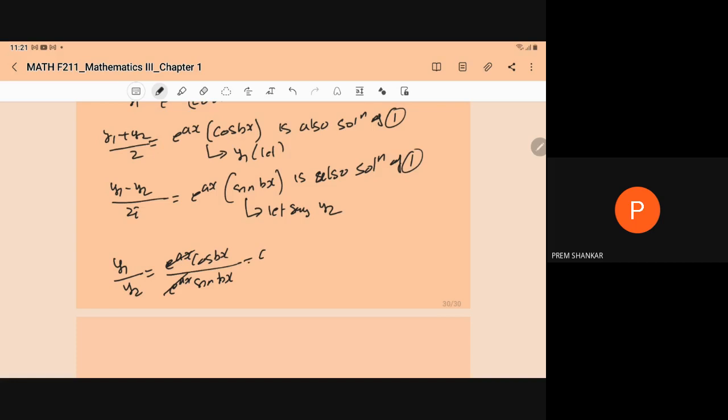So it will be cot bx, not equal to 0, which implies y1 and y2 are linearly independent solutions of the first. If y1 and y2 are linearly independent solutions of the first, then y is equal to c1 y1 plus c2 y2 will be the general solution of the first.